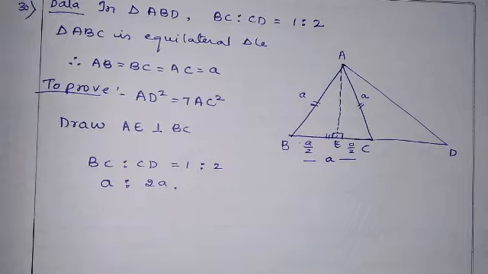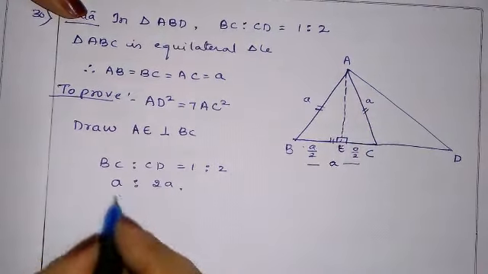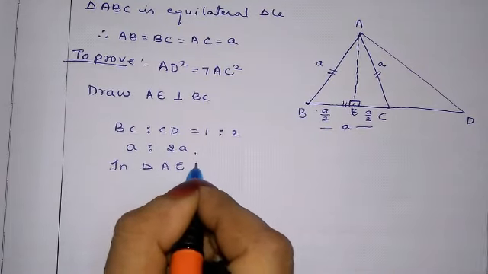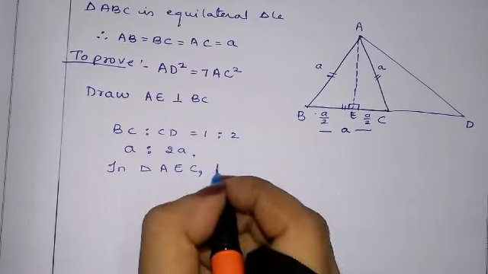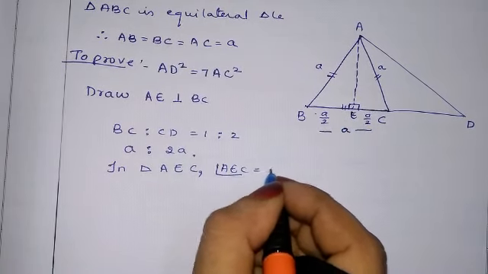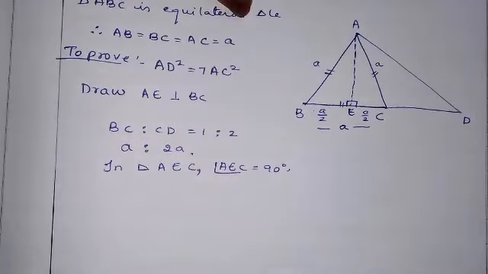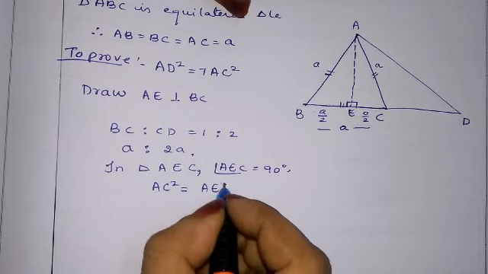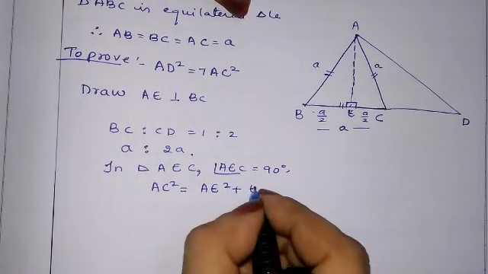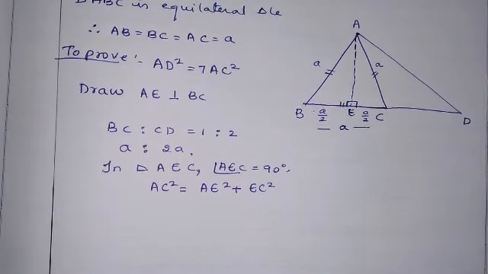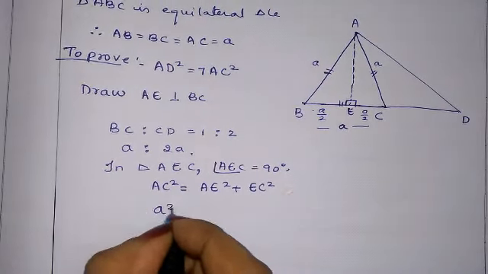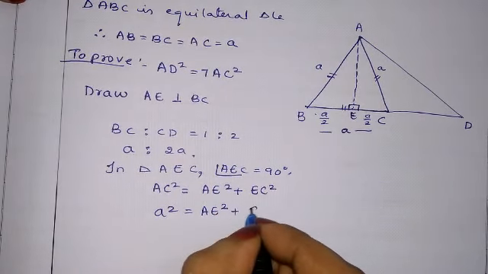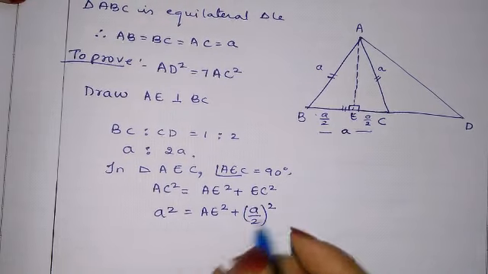Now let us focus on triangle AEC. Angle AEC is 90 degrees. By Pythagoras theorem, AC square is equal to AE square plus EC square. So AC is A. A square is equal to AE square plus EC, which is A by 2 whole square.